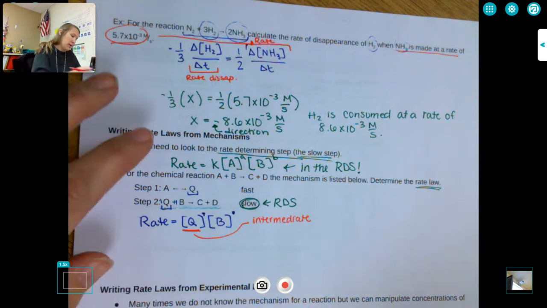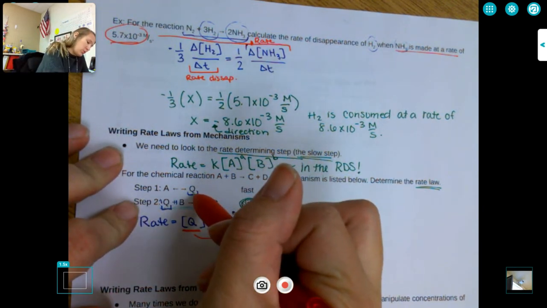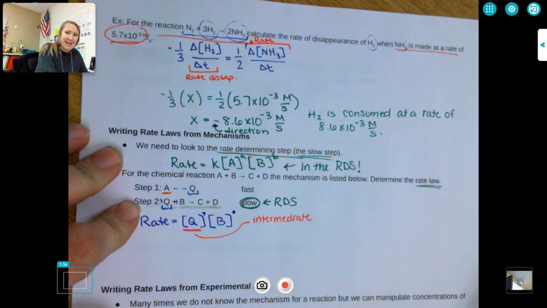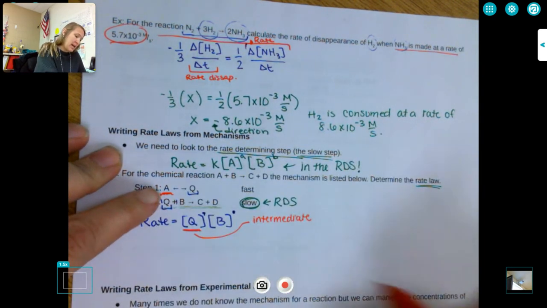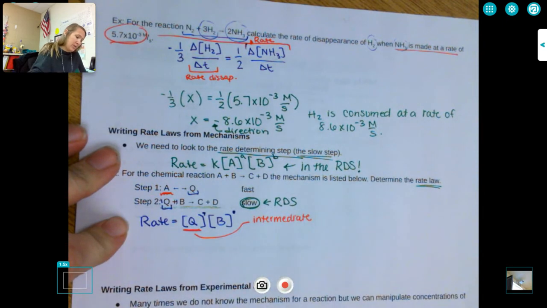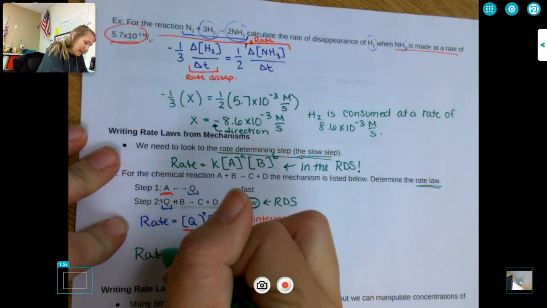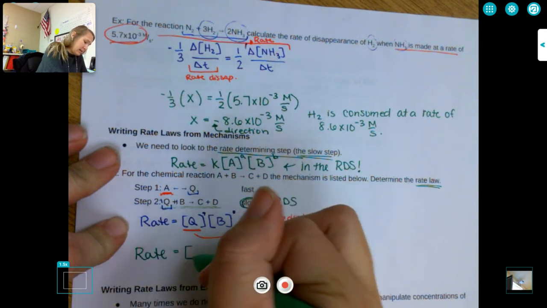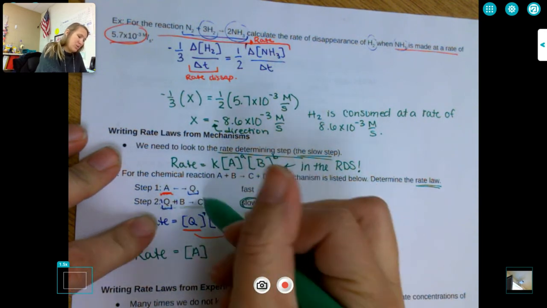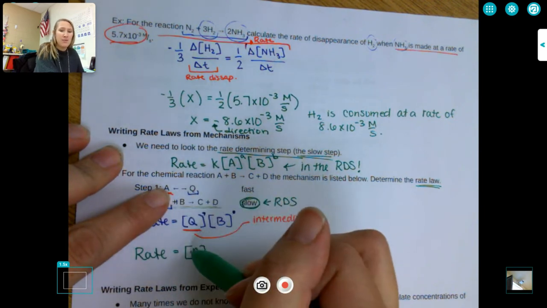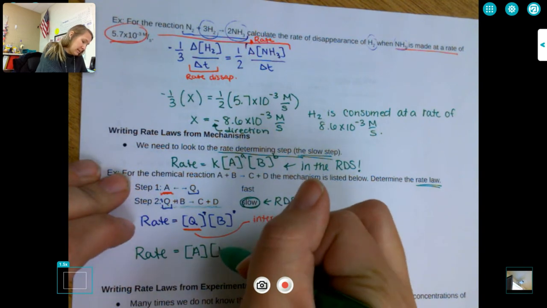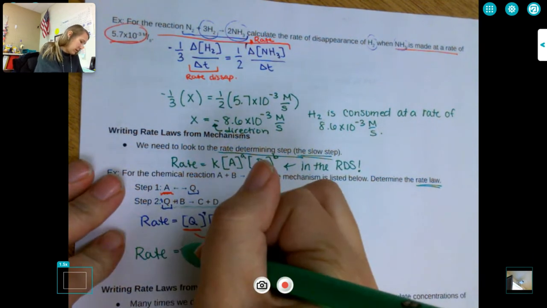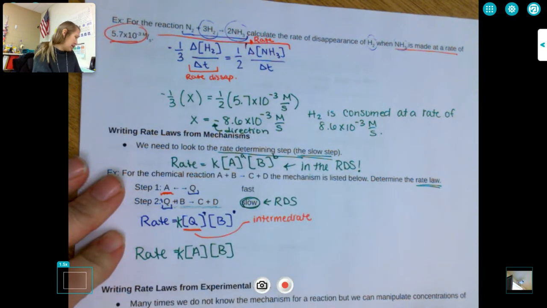If I go back up here, I see that Q is actually proportional to A. Q is made from A, so I can substitute my reactant A in for Q. Because Q came from A, A is really just like Q. Or if this was A plus B, I'd have A and then B on here, and B is still fine, times B. And don't forget the k in there.